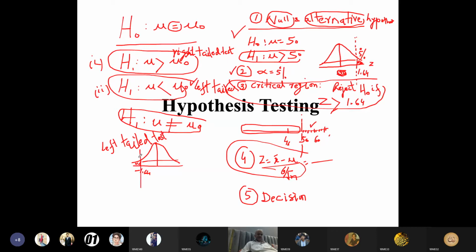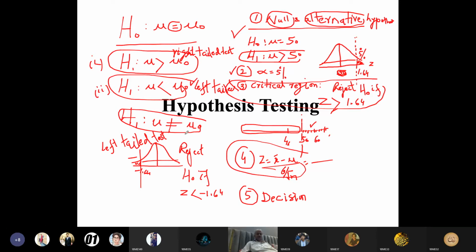This one is a safe zone, and this one is a danger zone. So here you reject H naught if the Z value, that is the test value, is less than minus 1.64.